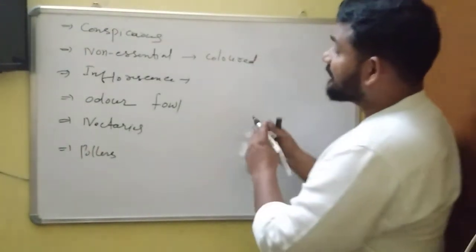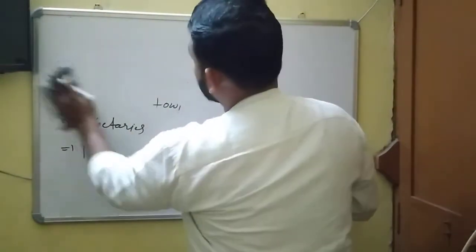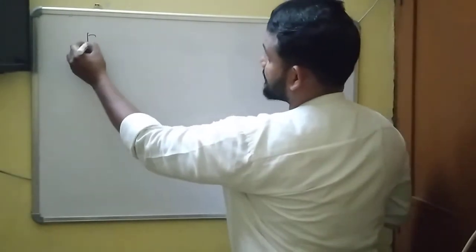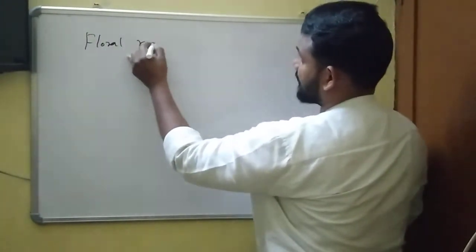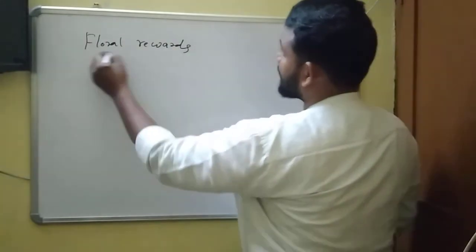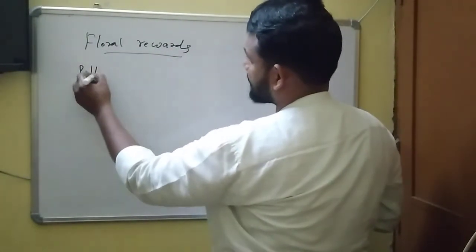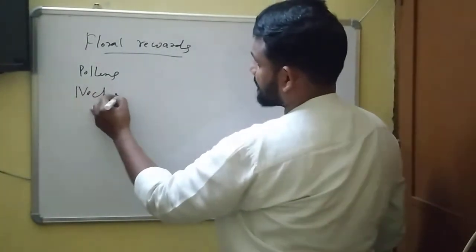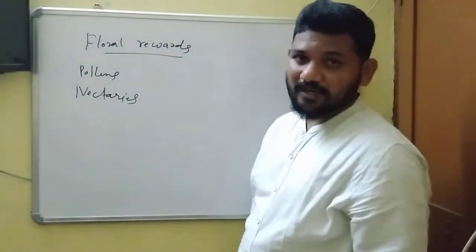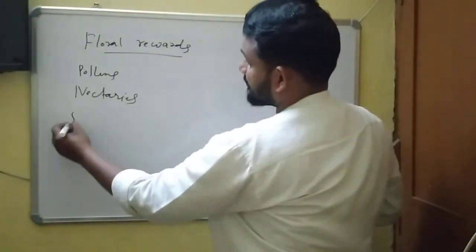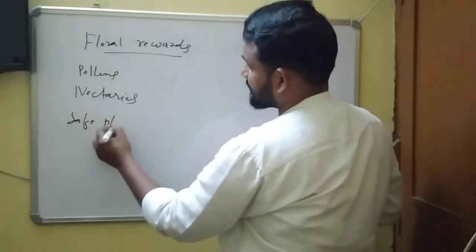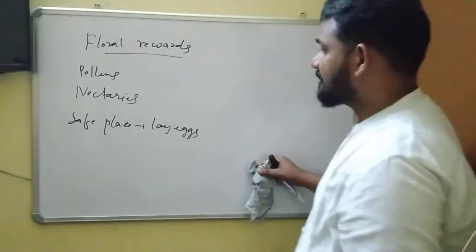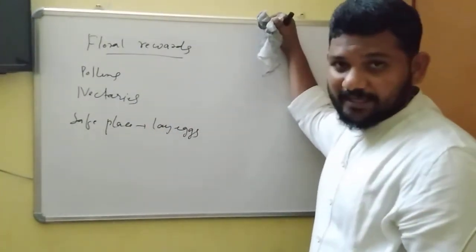In entomophilous flowers there are also some floral rewards. Floral rewards are generally pollen and nectar. These are all floral rewards. And some also provide a safe place to lay eggs.